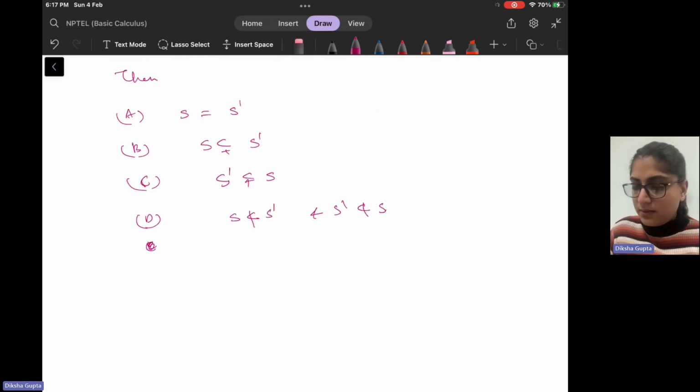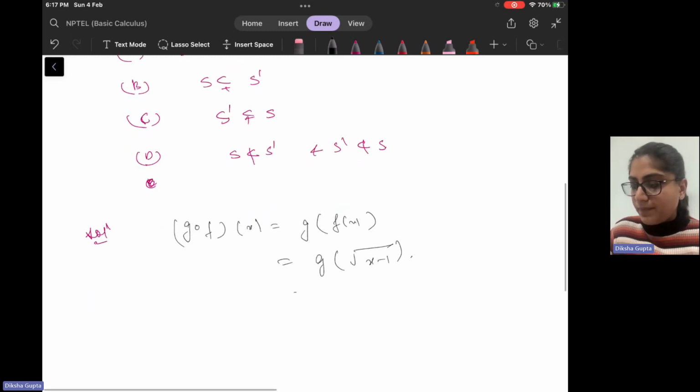Now see, what will be the function g of f(x)? g of f(x) is mod of x minus 1, and g is the modulus function, so this will be under root of (x minus 1) whole square. Now this under root always opens in positive, so this is nothing but mod x minus 1.